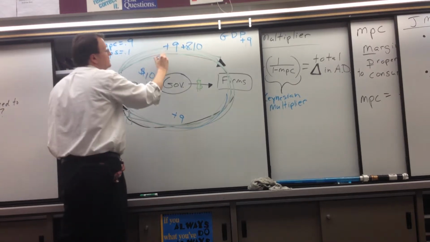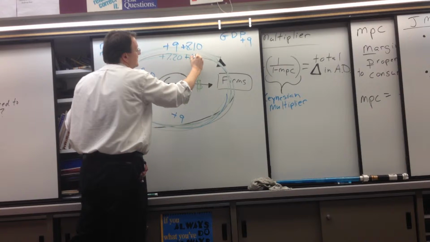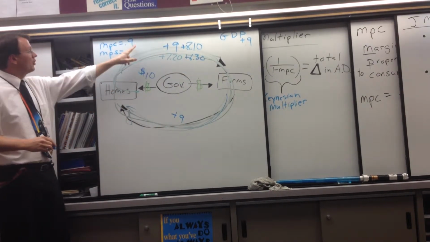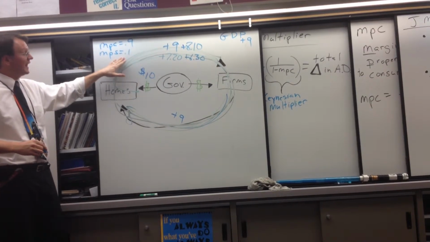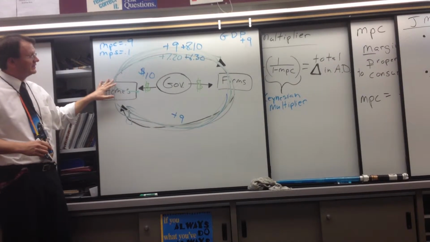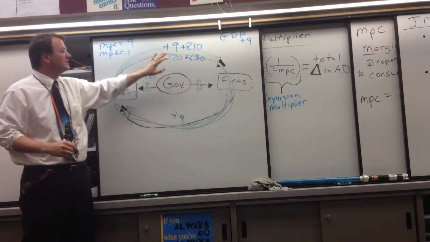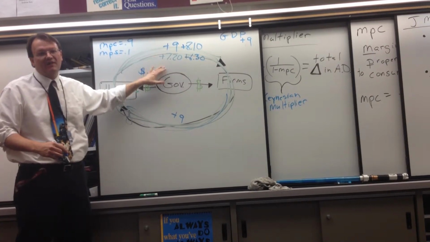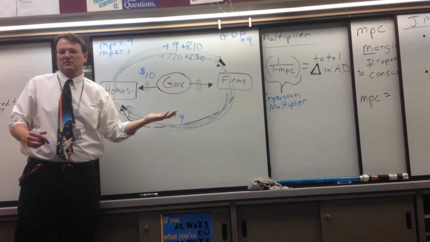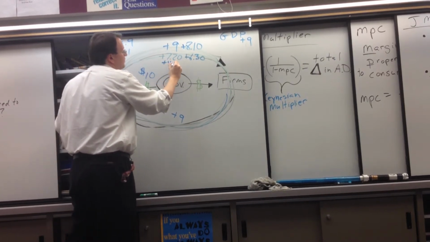And the next person's going to spend $7.20. And the next person's going to spend $6.30. Every time it goes around, people are spending 90% of it and saving 10% of it. So when the government increases spending by $10, it increases the economy by $9 plus $8.10 plus $7.20 plus $6.30 plus $5.40 plus, what's next? $4.50.